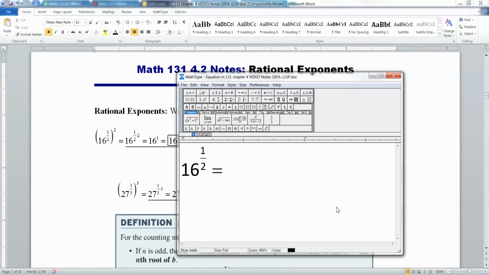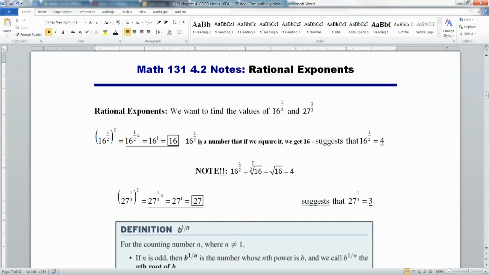But that's because it's the square root of 16. Square root, because there's a little 2. When you do a square root, what you're really doing is a 2. We don't write them like that because we're, you guessed it, lazy. So when you do 16 to the half, you're really doing the square root of 16.